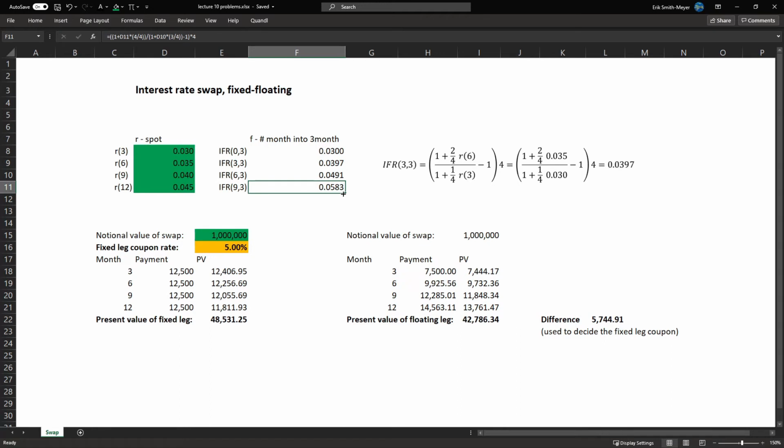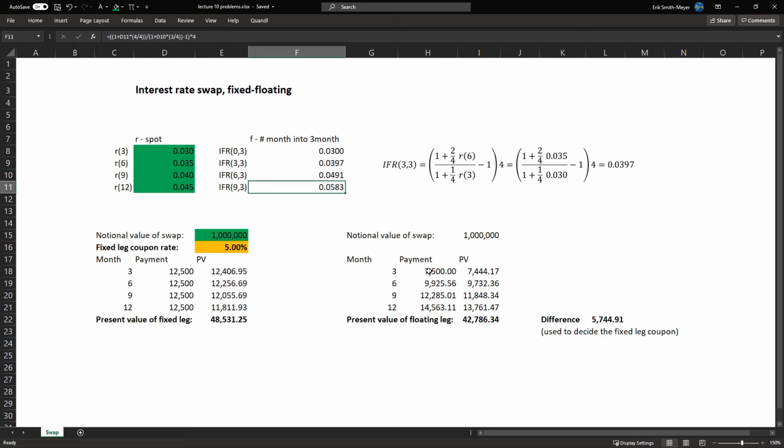So why do we need these implied forward rates? These implied forward rates decide what kind of expected payment we get from the floating leg of the swap.